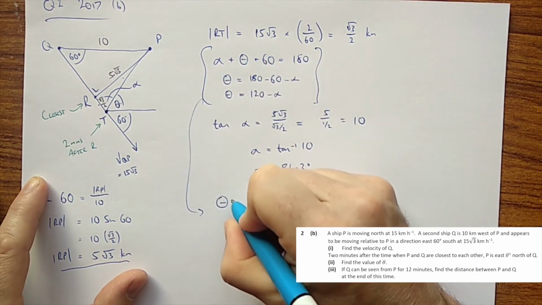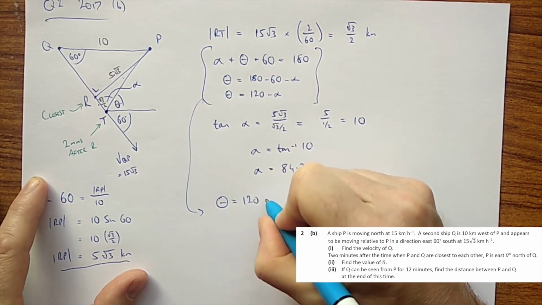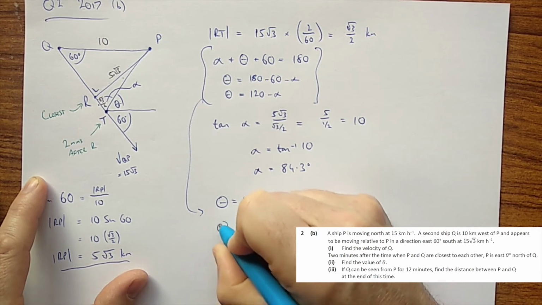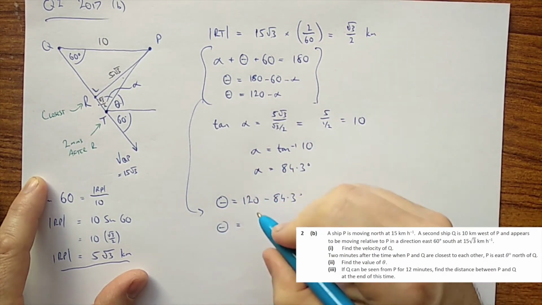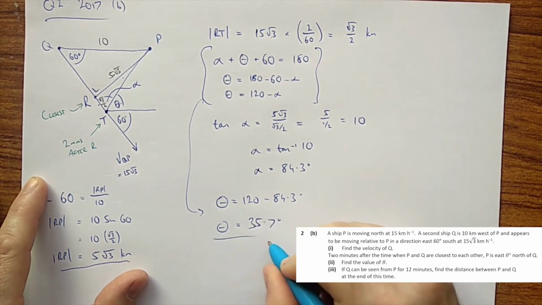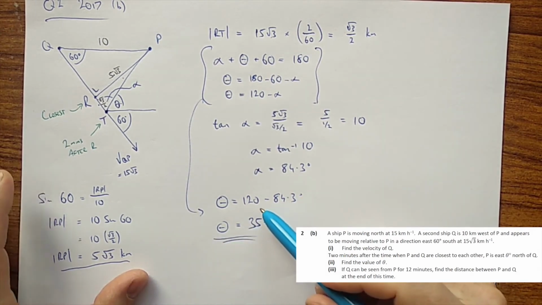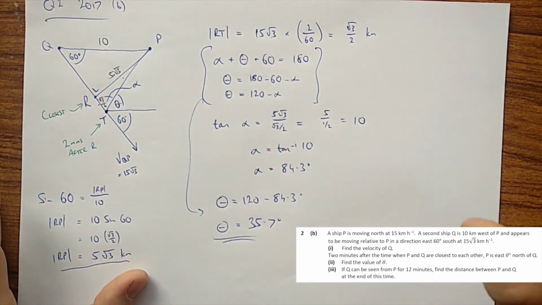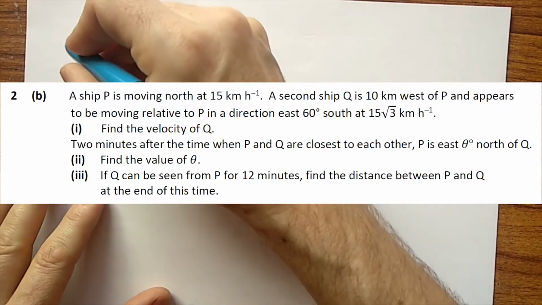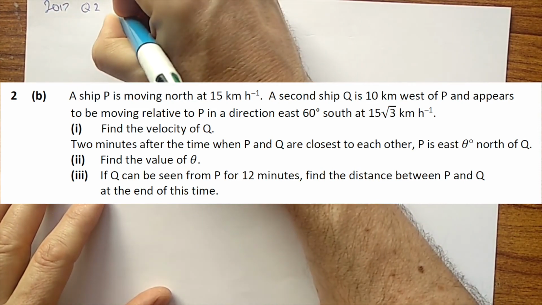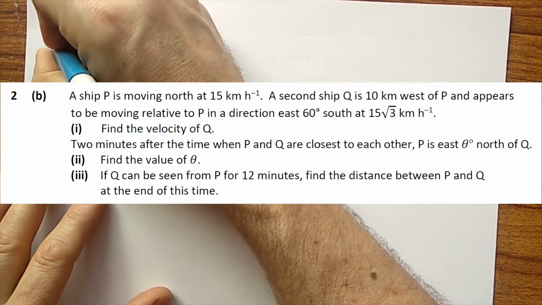Theta is 120 minus 84.3. So theta equals 35.7 degrees. So it looked horrible, but actually it was all the normal stuff we do, just tucked away inside a slightly weird story.